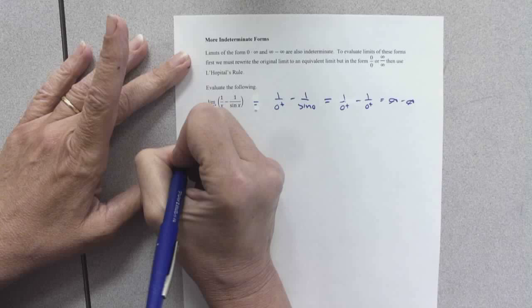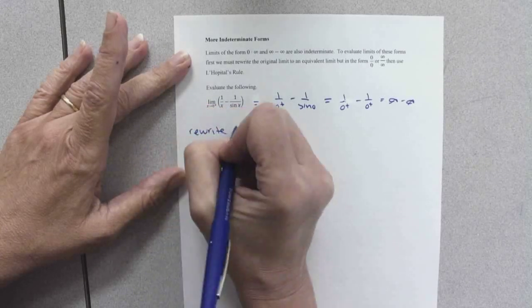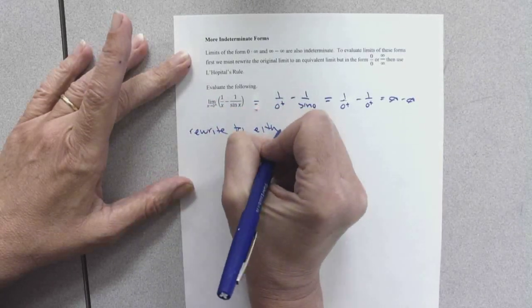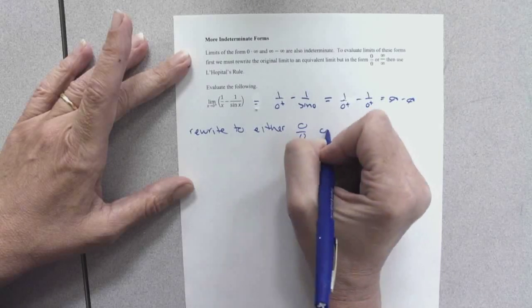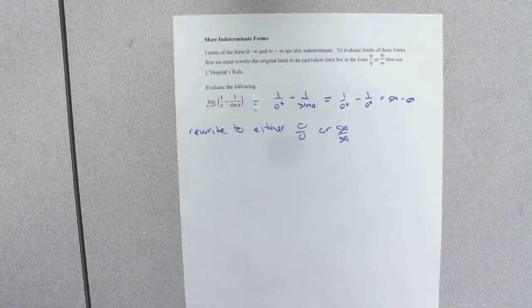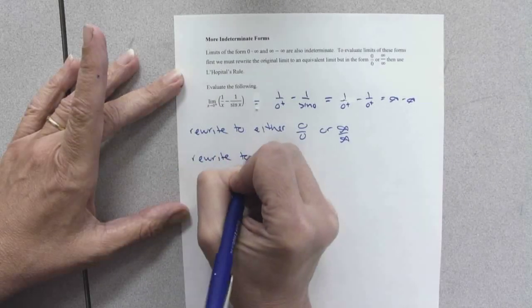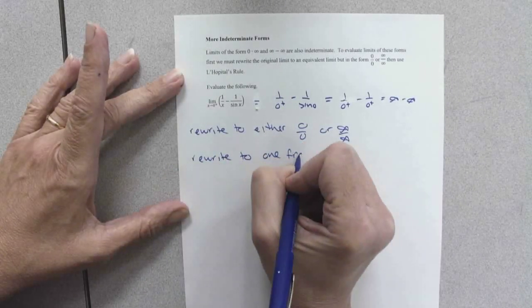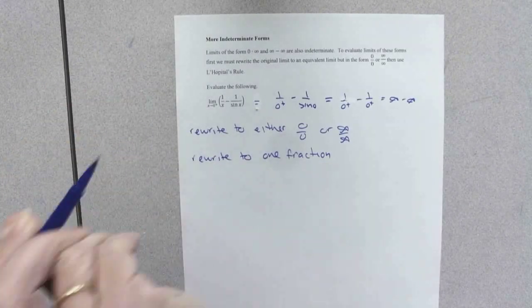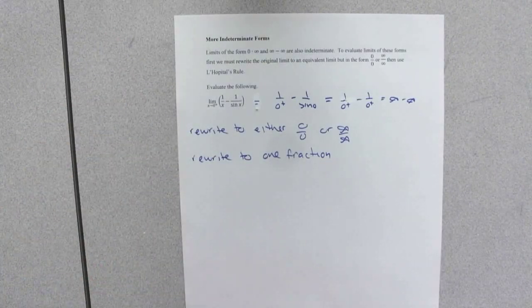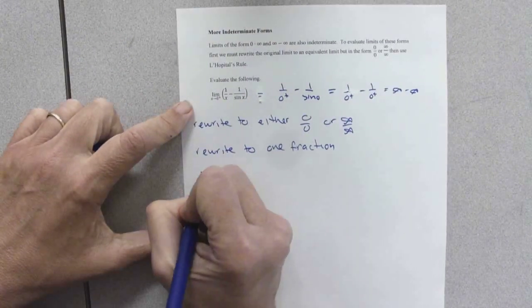And so what I have to do first is rewrite to either 0 over 0 or infinity over infinity. In other words, rewrite to one fraction. So let's do that.